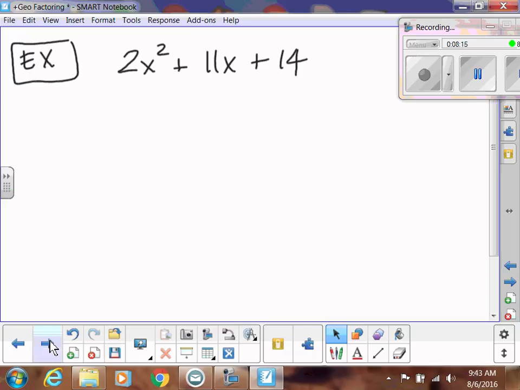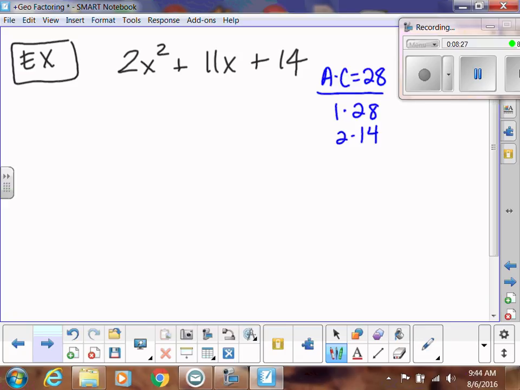So we're doing A times C, which is going to give me 28. Well, that's a nice number. Not so crazy. And then this last one is going to be what adds up to be 11. So I'm going to draw the box.